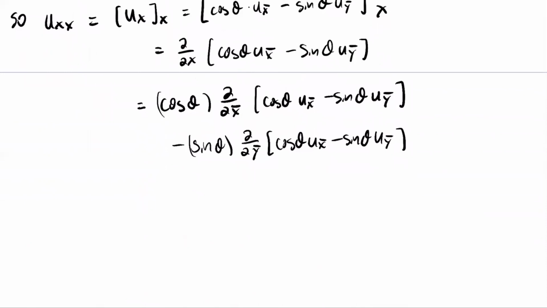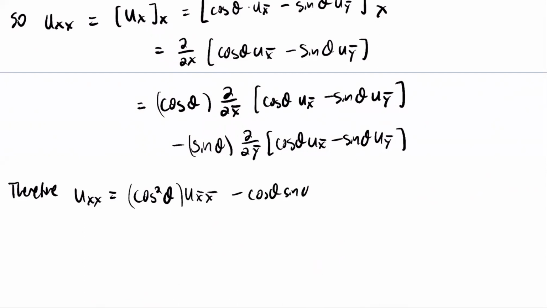And now I'm just going to distribute and evaluate everything. So we end up with u_xx equal to cosine squared theta, using linearity of the differential operators, u_x bar x bar, minus cosine theta sine theta u_x bar y bar. Remember, the order in which I take partial derivatives doesn't matter.